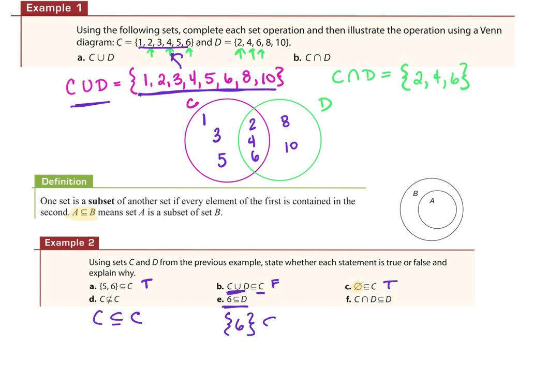Anytime you're talking about sets, you have to be referring to sets. And 6 by itself is not a set because they didn't give me set notation. It's a trick question that they like to ask on standardized tests, just so you know. If they're asking whether it's a subset, it has to be a set to begin with. In order to be a set, it has to have set notation. All right, so that's why they're asking that question.